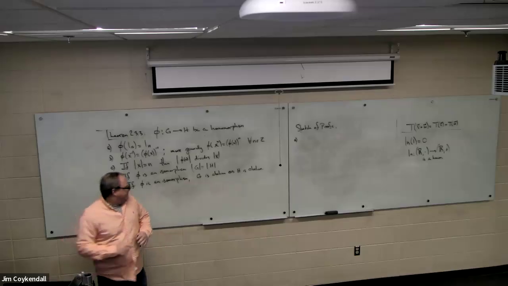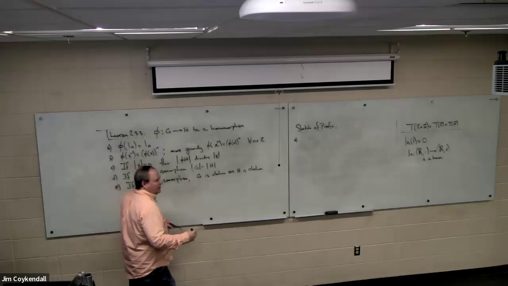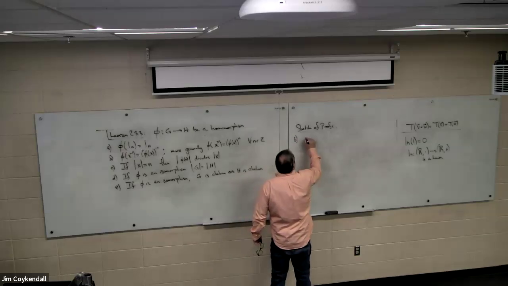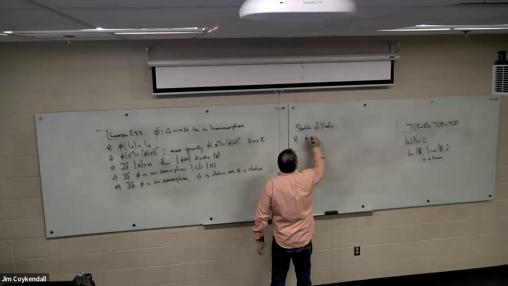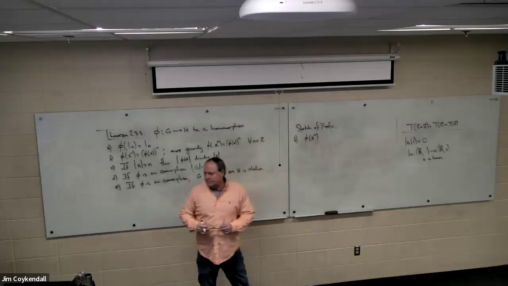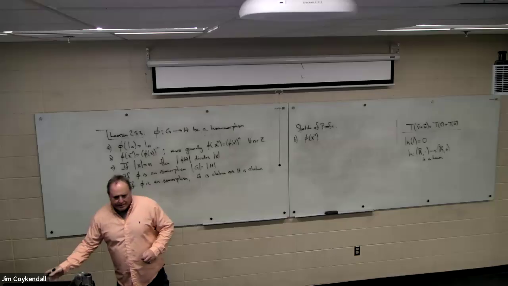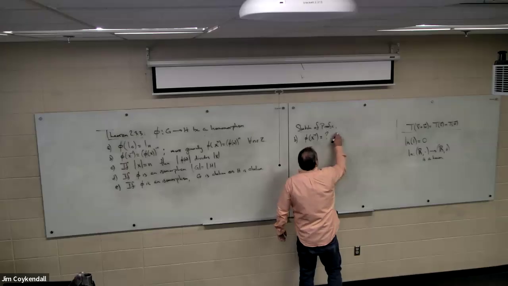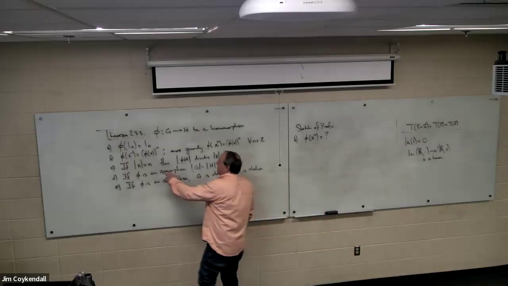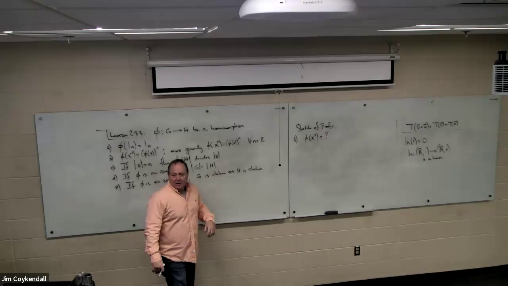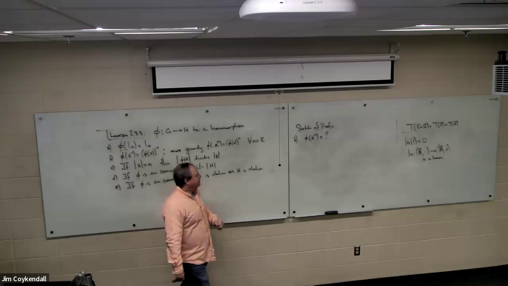I like this one in particular. So let's look at the special case of... well, I want to show that phi of x inverse is the same thing as phi of x inverse.